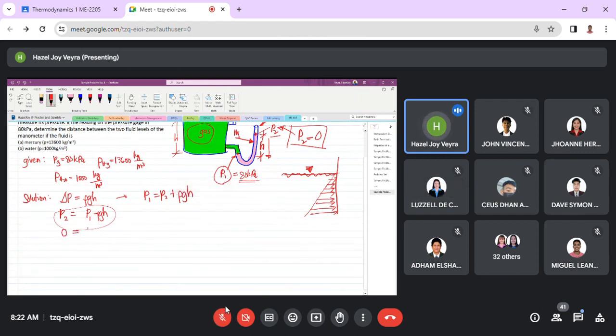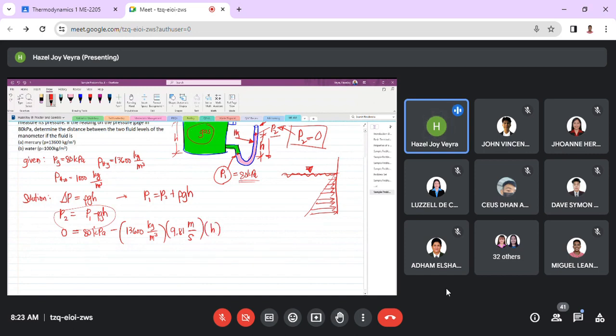P1 natin is 80 kilopascals minus, first we're asked if the fluid here is mercury, so we'll use the density for mercury, which is 13,600 kilograms per meter cubed, times 9.81 meters per second squared, times, ano yung height natin? Yun yung hinahanap.